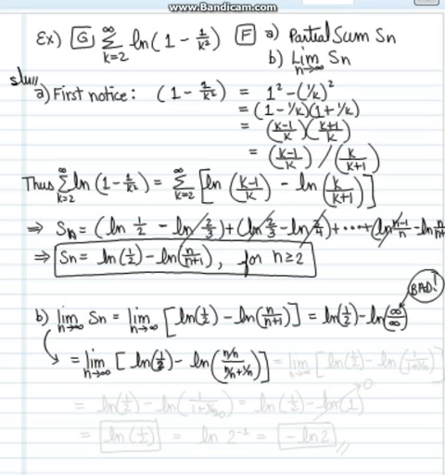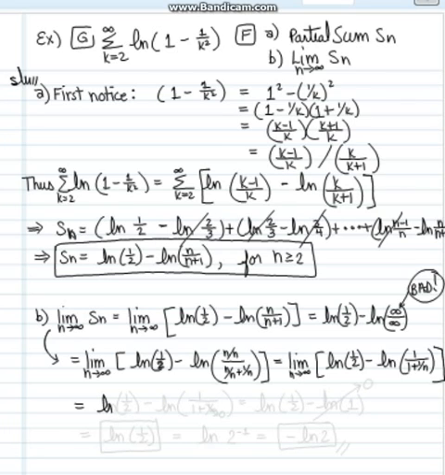And that equals the limit of the natural log of 1/2 minus the natural log of 1 over 1 plus 1 over n. And let's let n go to infinity and see what we get.